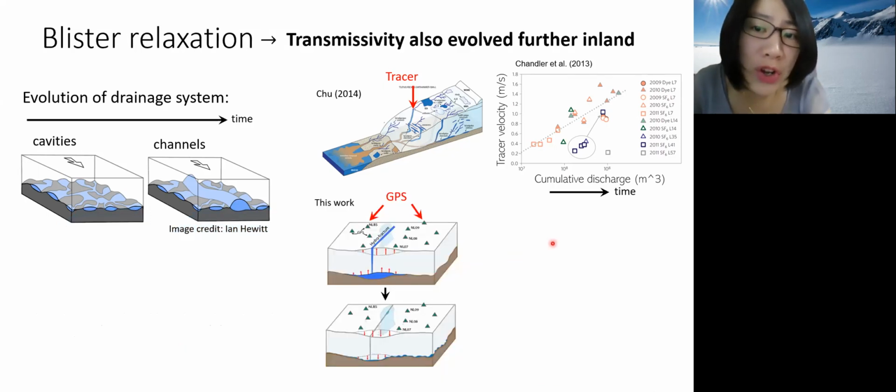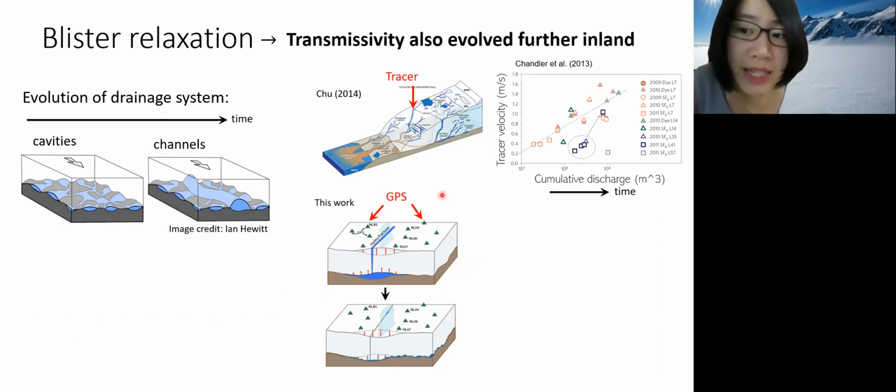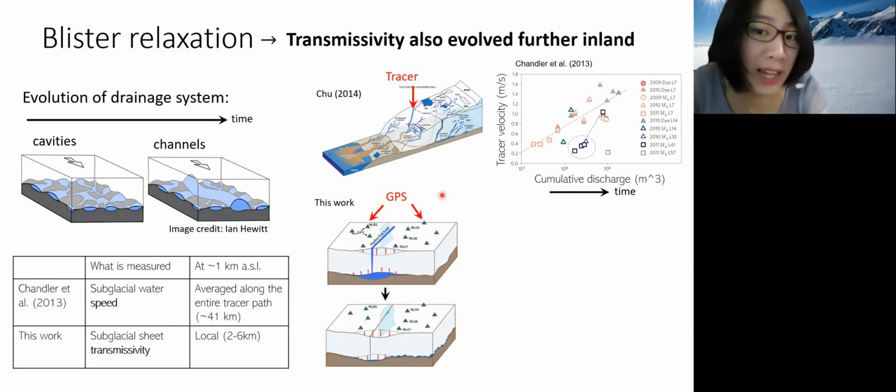So here we use our new method to monitor the evolution of transmissivity locally under the surface lakes. These lakes formed at ice thickness around 1 kilometer or thicker, therefore allowing us to probe transmissivity further inland under ice thicker than 1 kilometer.